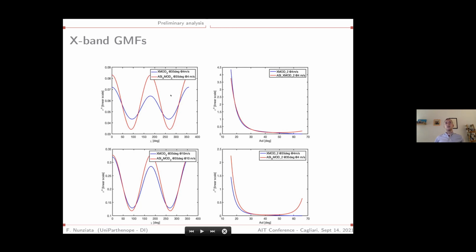In this case, you can see that there are some quite large differences, in particular at lower wind speed, between the German TerraSAR-X geophysical model function and the Italian Space Agency one. Those differences tend to reduce at higher wind speed conditions.